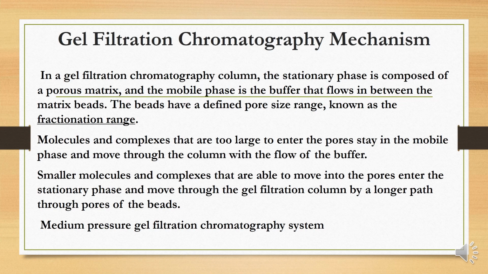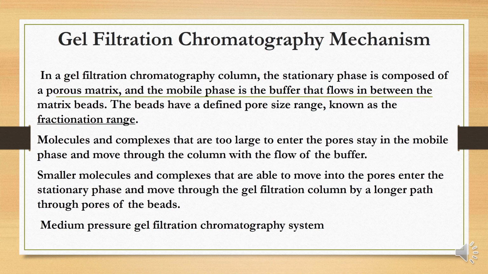Small molecules and complexes that are able to move into the pores enter the stationary phase and move through the gel filtration column by a longer path through the pores of the beads.